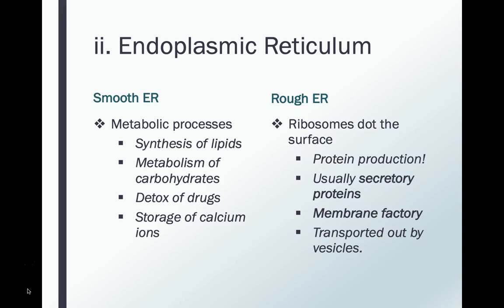Another major function of the rough ER is that it's a membrane factory. The smooth ER produces those phospholipids. The rough ER can assemble them into membrane structures. But the other important thing about the rough ER is that it can bud off what we call vesicles.